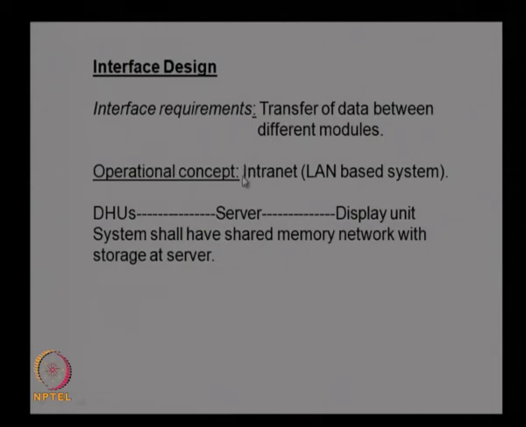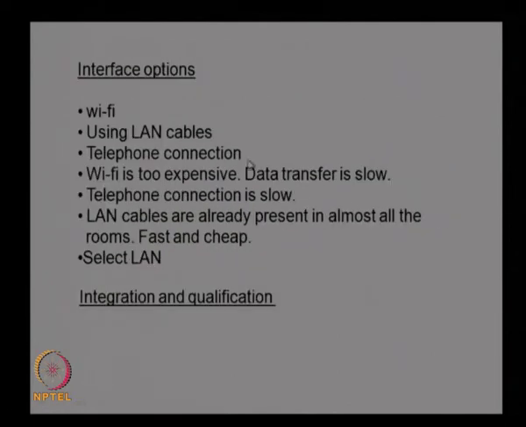So, we can have an intranet as an operation concept and then identify the architecture for that particular interface. You can have different options like Wi-Fi or LAN cables or telephone connection. Then based on your own assessment, you can decide which one to be chosen. So, based on the pros and cons of different options, you can choose the desired interface.